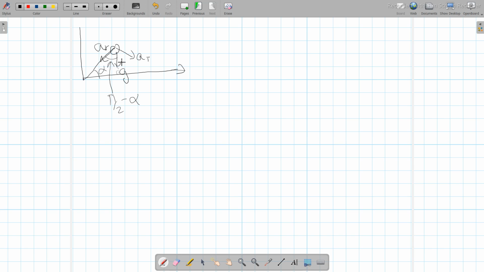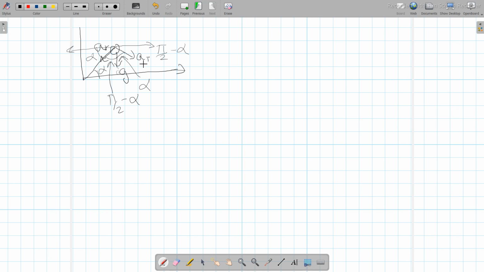We know the angle between radial and tangential acceleration is pi by 2, so this angle is equal to alpha. These are alternate opposite angles, so this will also be alpha, and this will be pi by 2 minus alpha.